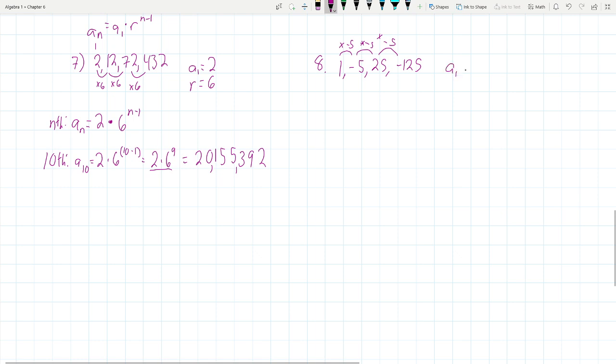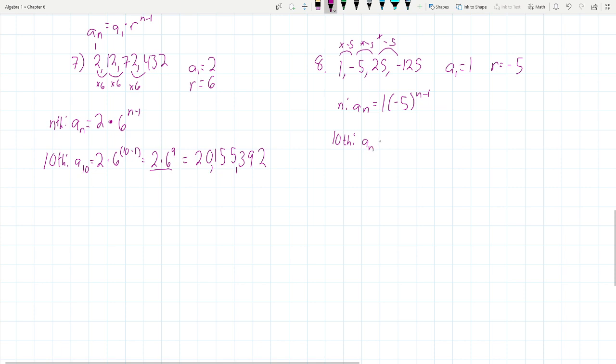So my a sub 1, my first term, is 1. My rate, my multiplication pattern, is negative 5. Now I need to figure out the nth term. So my nth term, a sub n equals 1 times negative 5 to the n minus 1. And to put a little more practical application to it, I want to find the 10th term.